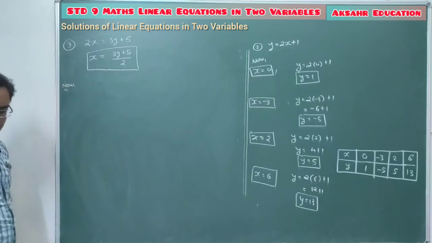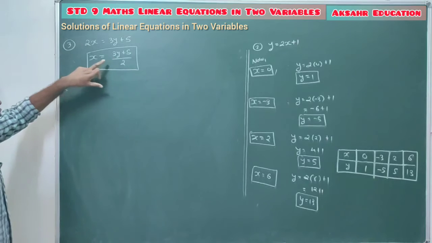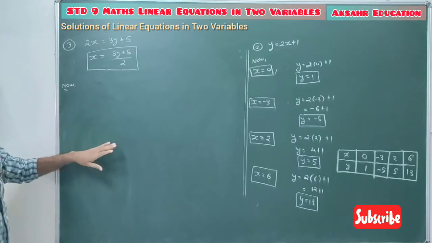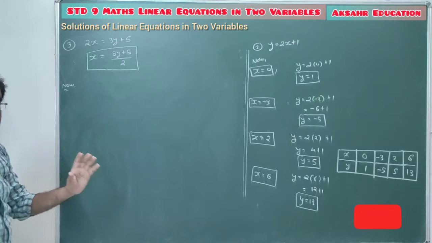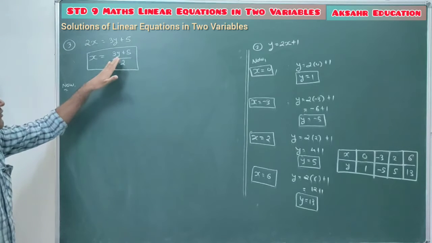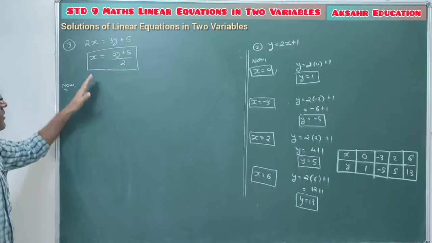Now you have to put different values of y, and accordingly you will get the values of x. Here, when we are not drawing the graph and are just finding the solutions of the linear equation, you can take any value of y and get the value of x.